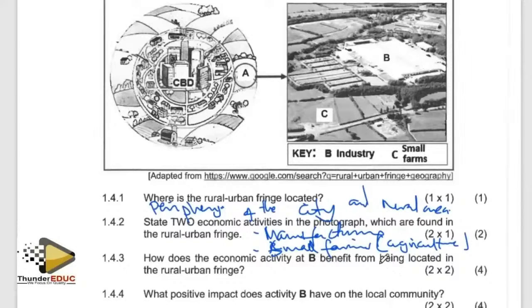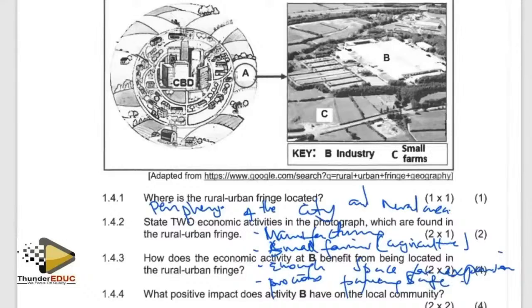How does the economic activity B benefit from being located in the rural urban fringe? This B here, how does it benefit? So there is enough space for expansion of the industry, then parking space, as they are not congested like in urban areas.